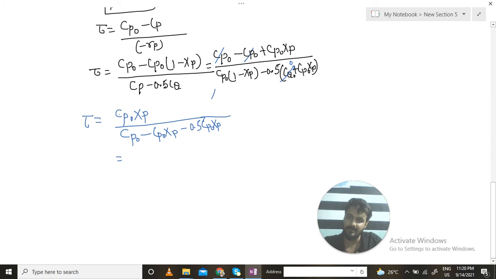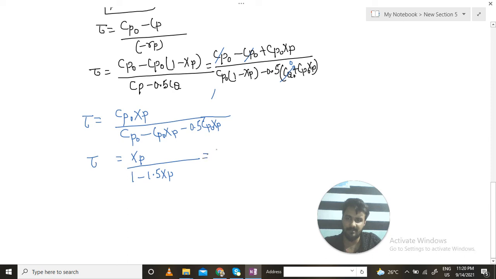Now, if you see the numerator and denominator, it's totally mathematics. Cp naught term is there in the numerator and denominator, so I am just cancelling it out. So Xp upon 1 minus 1.5 Xp. So we have got the value of space time tau.